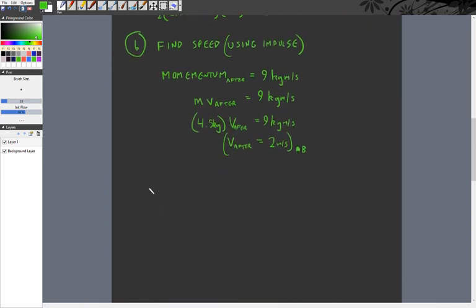Okay, so scooting down to get some space, we're going to find the speed of A after the collision using the impulse momentum theorem. So using impulse again.